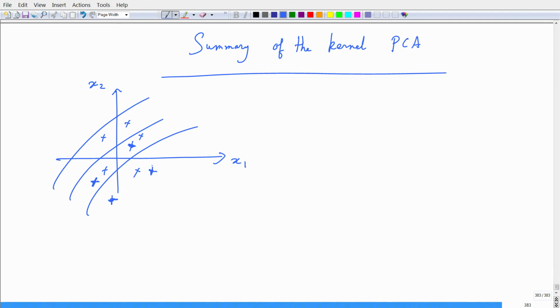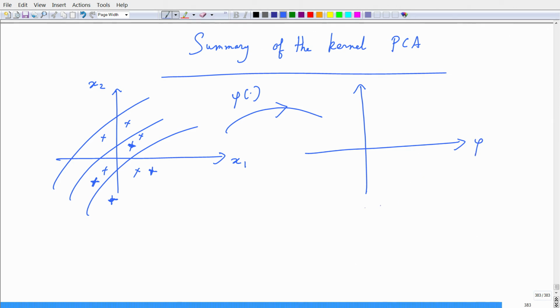I just have a set of points x in this 2-dimensional space, and these are non-linearly mapped into points in the feature space, right.